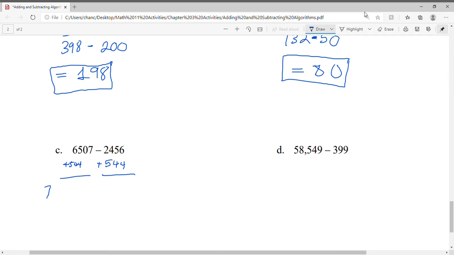This is 7,051, and this is 3,000. So I converted my problem to 7,051 minus 3,000, which is a whole lot easier than 6,507 minus 2,456. Now let's do the subtraction. This is just 4,051.